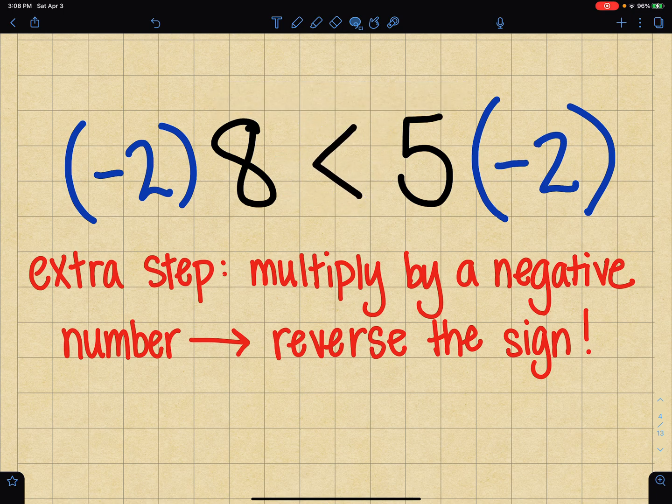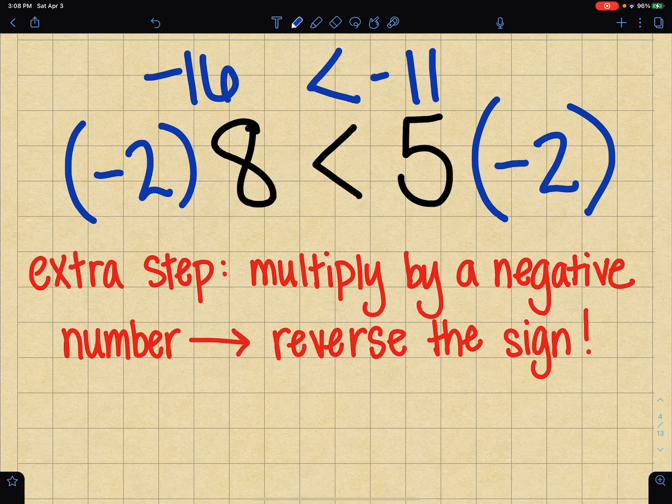If you reverse the sign, then it's going to be true. So negative 2 times 8 is negative 16. I changed the sign already, and this is negative 10. Okay, so now that is true. Negative 16 is less than negative 10.